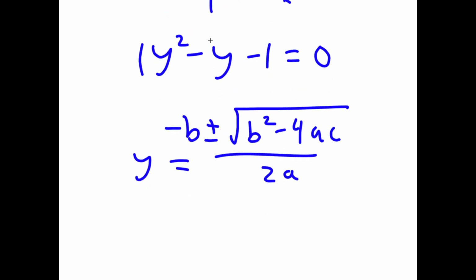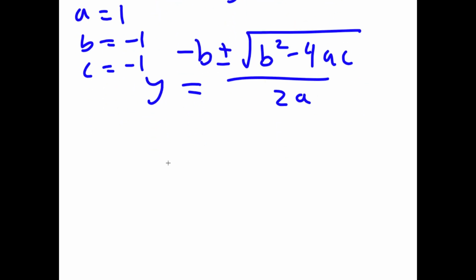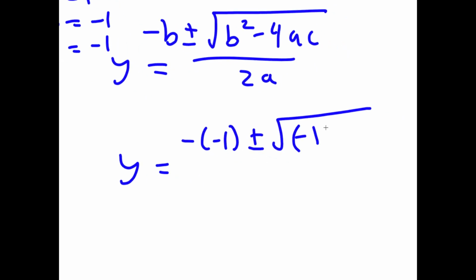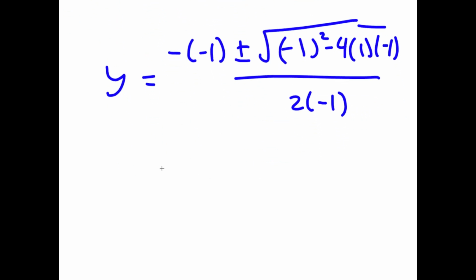So in this case, a is 1, b is negative 1, and c is negative 1. So I have negative of negative 1 plus or minus the square root of negative 1 squared minus 4 times 1 times negative 1, all over 2 times 1.